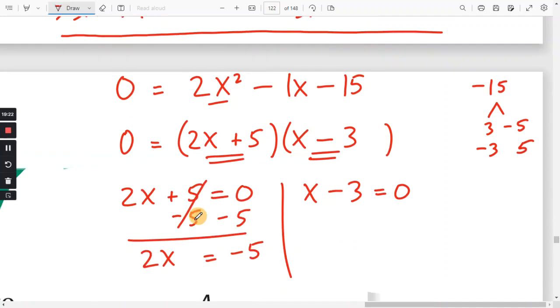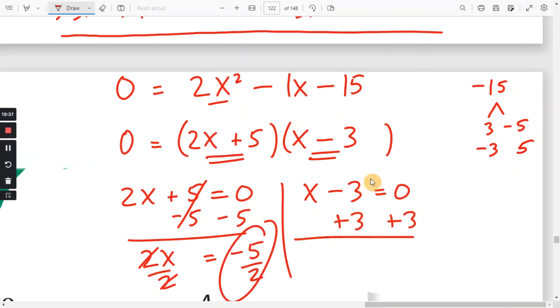Dividing both sides by 2 cancels here. x is going to be negative 5 halves. On this side, I'm going to add 3 to both sides. 3 minus 3 is gone. Bring down the x. 0 plus 3 is 3.